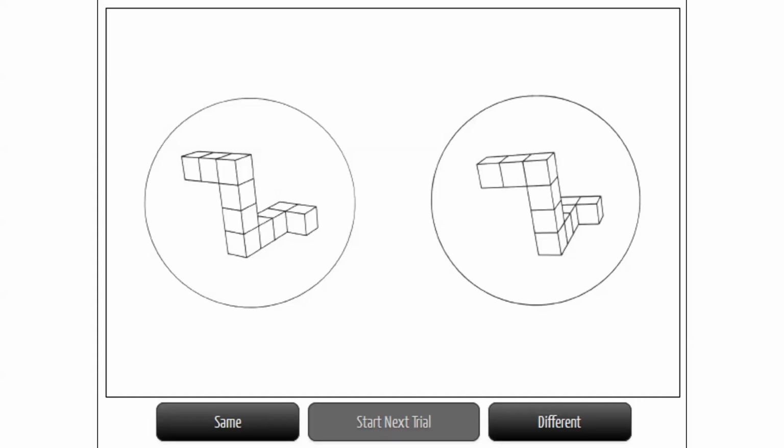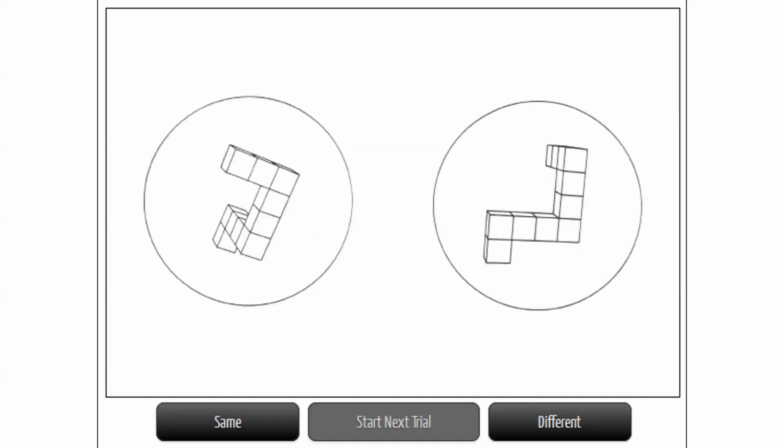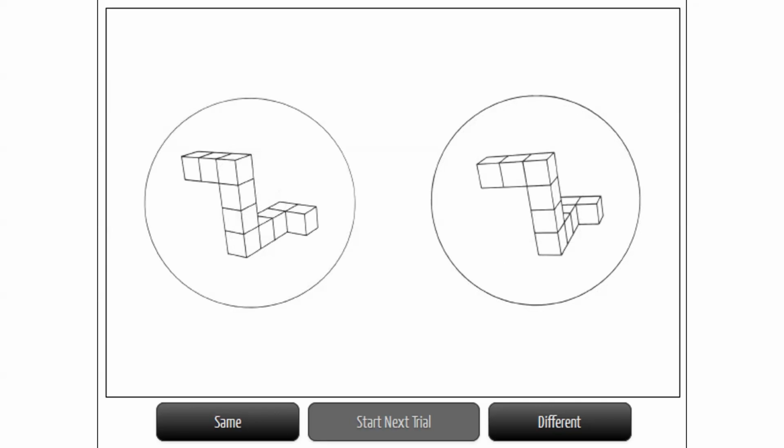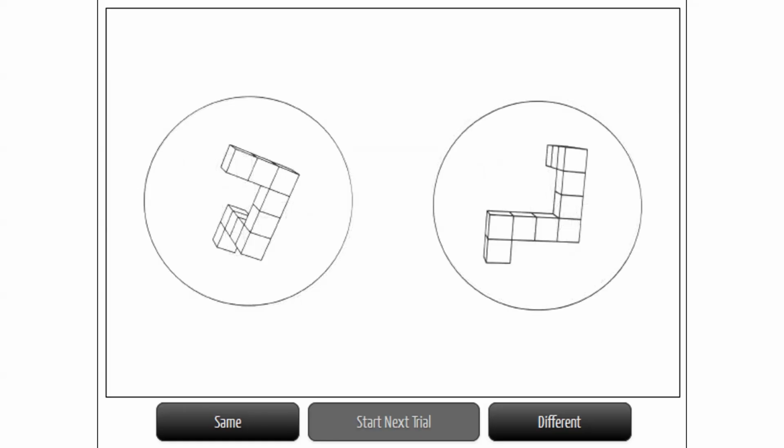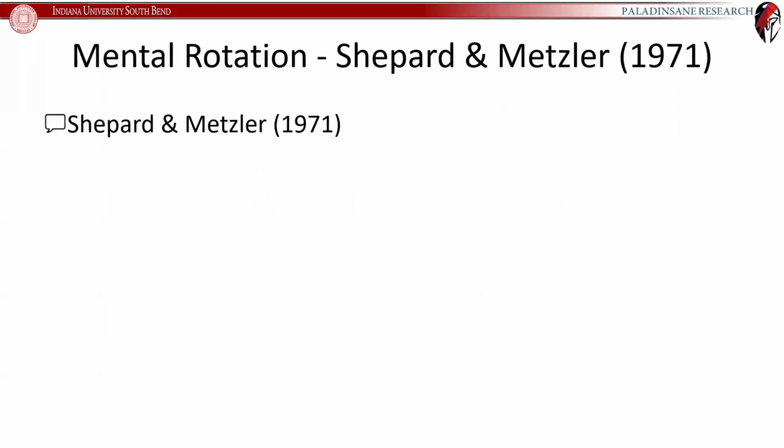And you would need to take a look at two pictures of these blocks and determine, are they the same, or are they actually different? And that was your task, indicating if these were the same objects. So these two here are the same. They just differ in their orientation by rotation. These two here are actually different. They are two completely different physical objects if they existed in the real world. And this is a replication of work that was done in 1971 by Shepard and Metzler.